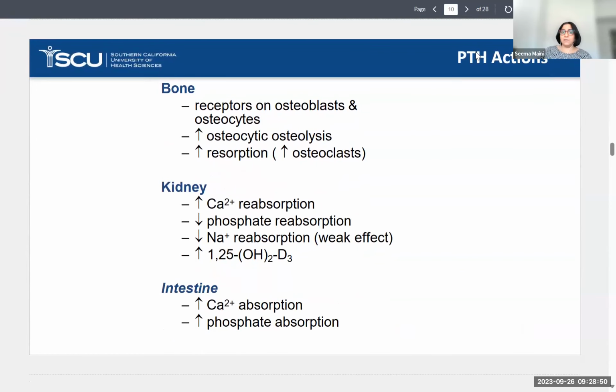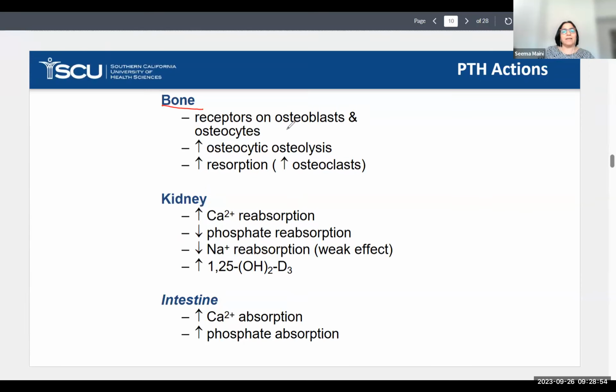And when you look at the actions, if you look at the bone cells, it has its receptors on osteoblasts, osteocytes, and osteoclasts also. So it increases osteocytic osteolysis and also increases osteoclastic activity. Okay.